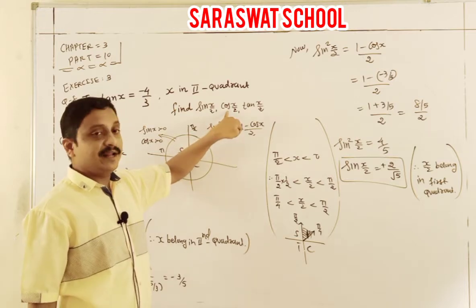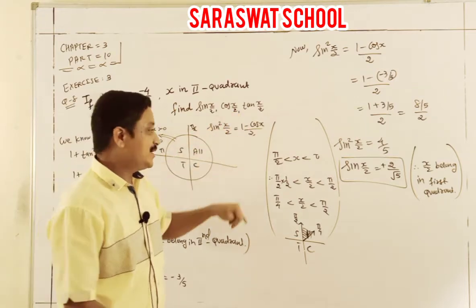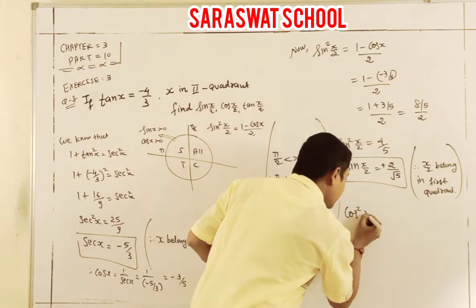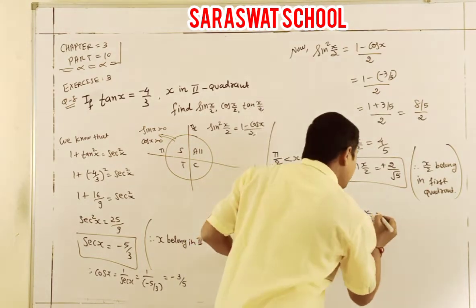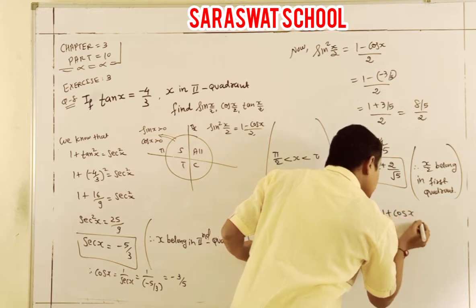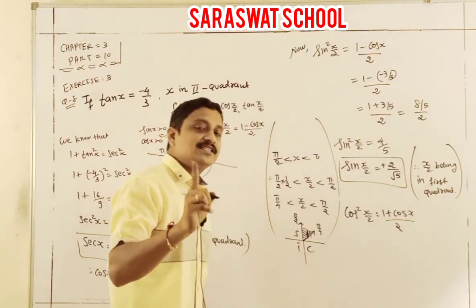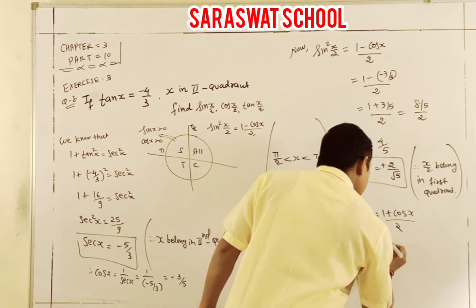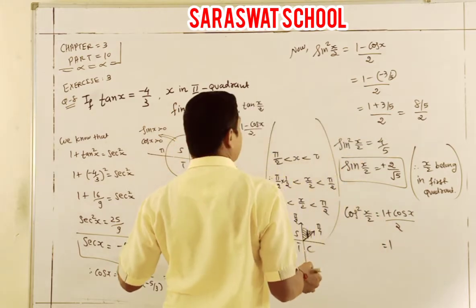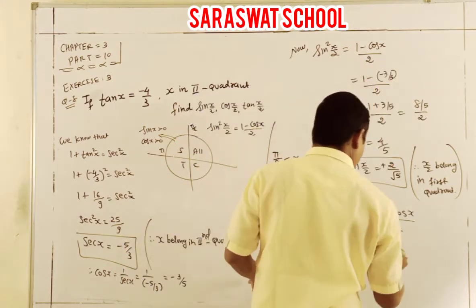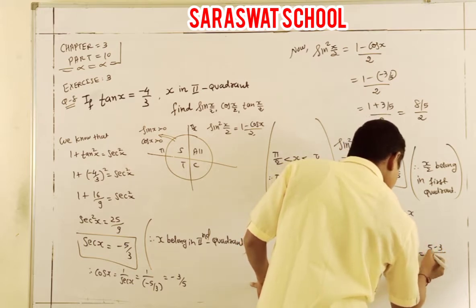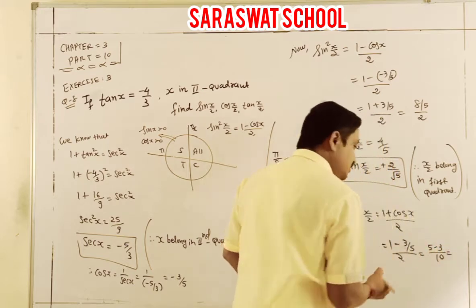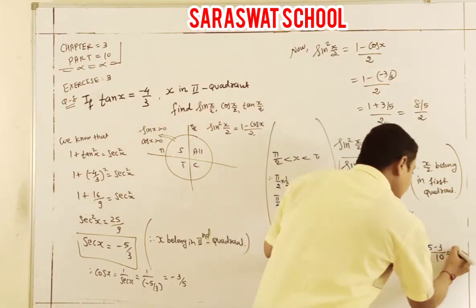Now I move ahead to the next one, cos x by 2. Also check your formula list, fifth group: cos square x by 2 is 1 plus cos x by 2, already written. And cos x is what? Minus 3 by 5, divided by 2. So 5 minus 3 by 10, that is 2 by 10.